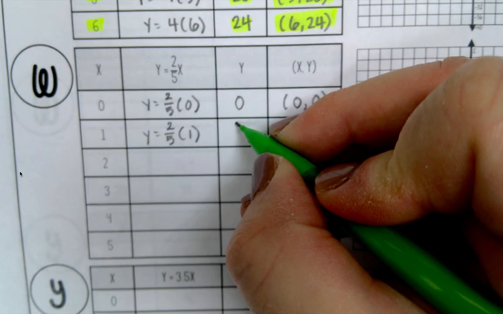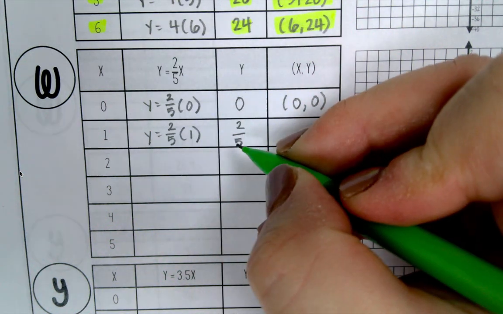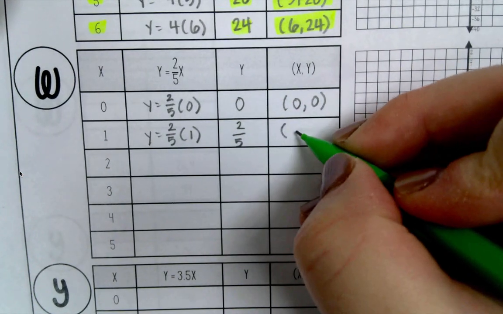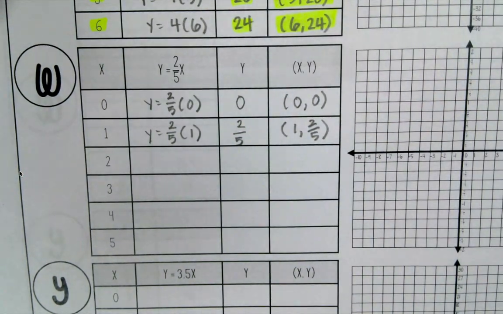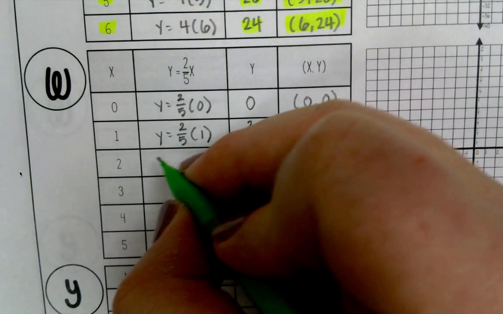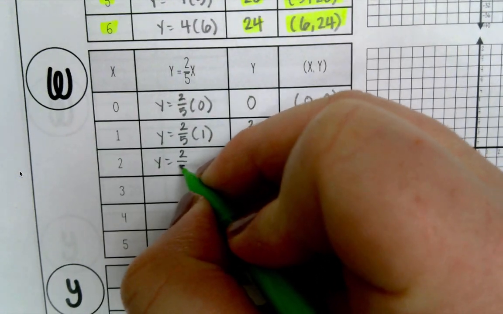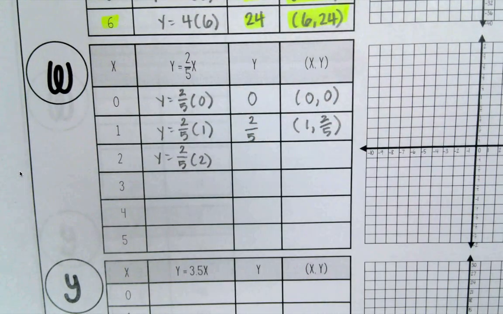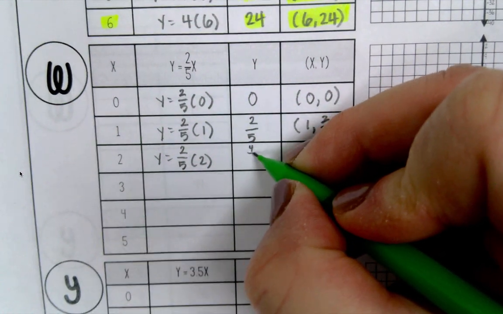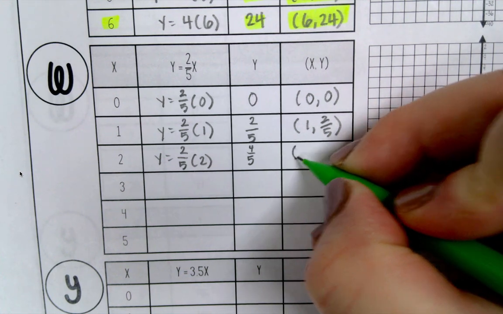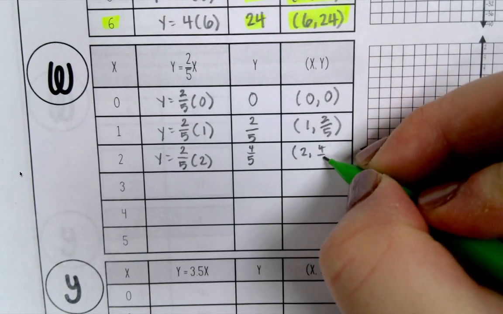So we're going to have 2/5, and so I have 1 comma 2/5. And then I have y equals 2/5 times 2, which is 4/5, and so I have 2 comma 4/5.